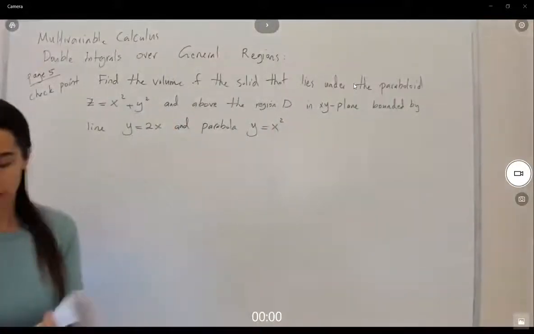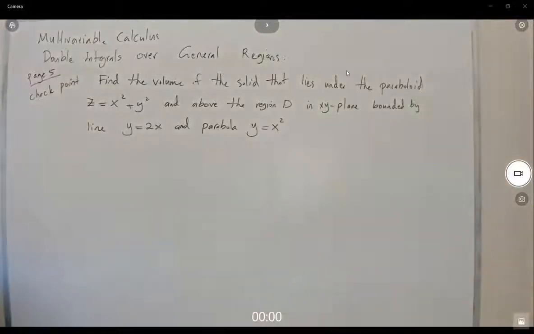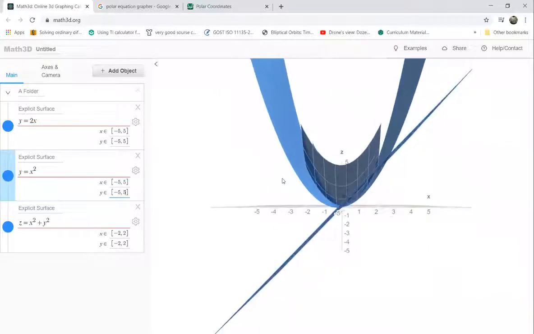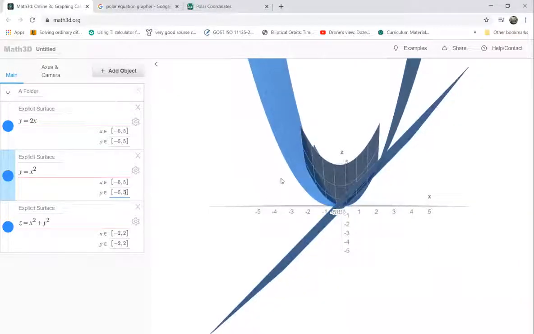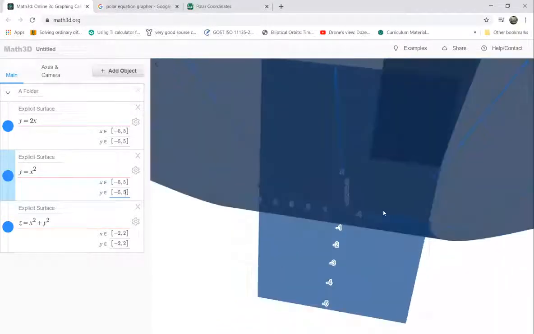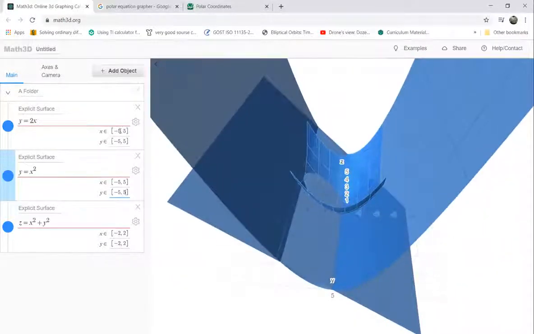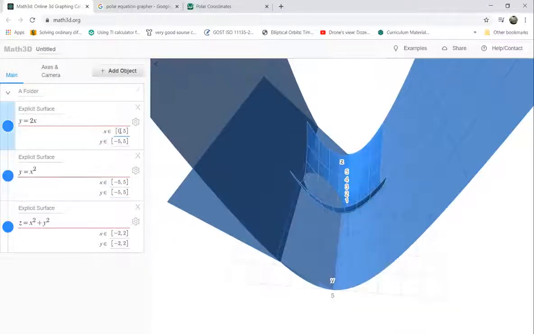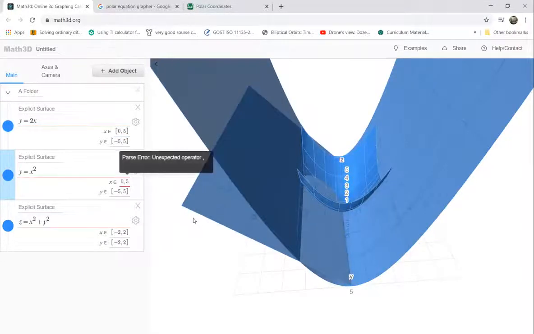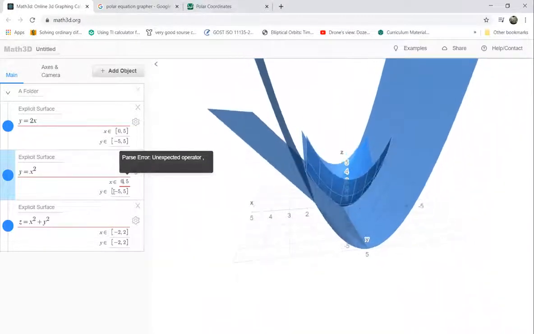Well, let us take a look at the graph, see what we are dealing with. So we're dealing with these three, and note that it says above the region D in the xy plane. Here we have the information.